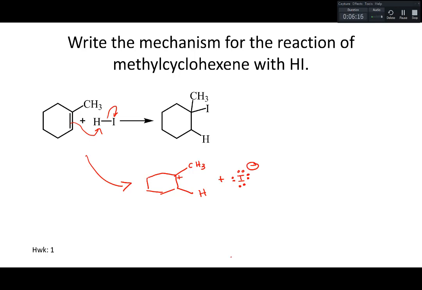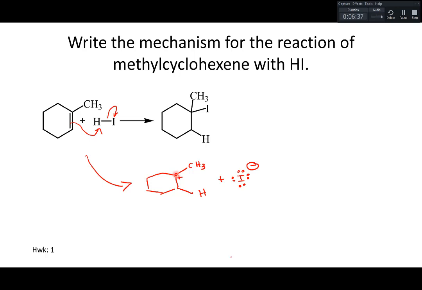Now, going back and reviewing a little bit: when this bond breaks and attaches to the hydrogen, it pulls the electrons away from this tertiary carbon to leave that carbocation. And if you remember, carbocations in general are relatively unstable.